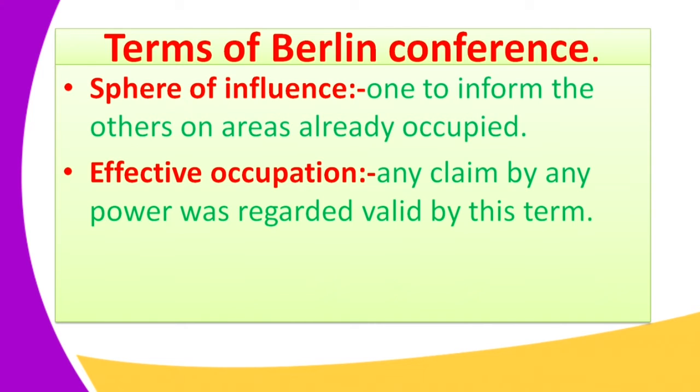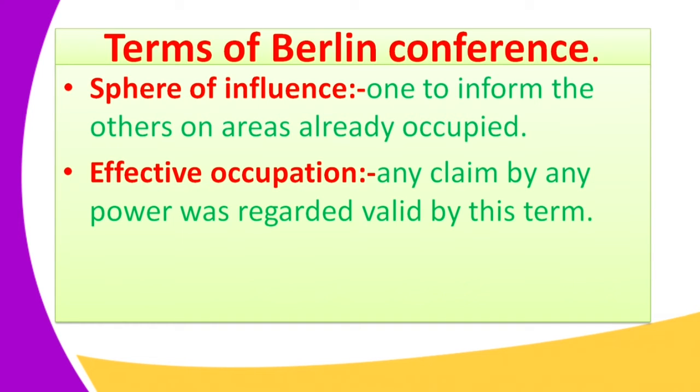Term number 2, or the condition, is the effective occupation. This condition stated that any claim by any power was regarded as valid only through the effective occupation of Africa. So the European powers, the imperialists, were supposed to effectively occupy the region.